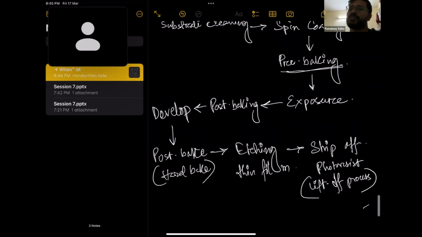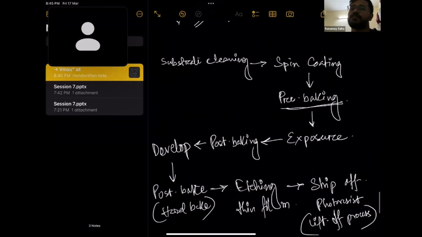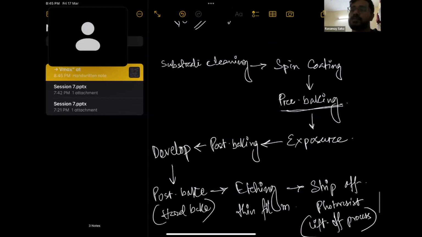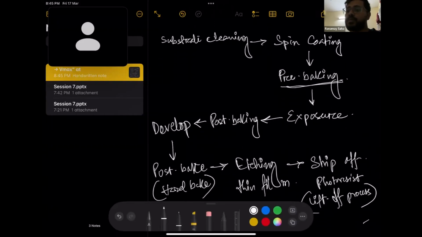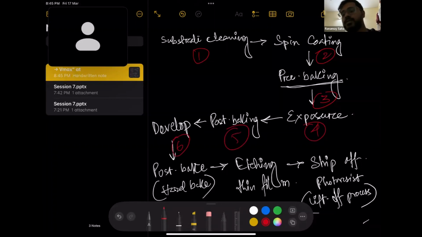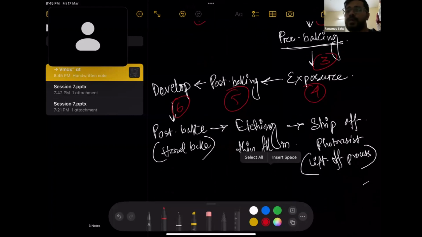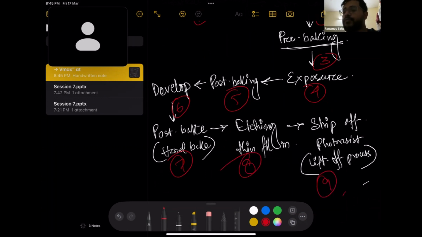So this happens to be your complete lithography process. You do the substrate cleaning, the spin coating, the pre-baking, the exposure, the post-baking, you develop the resist layer, you do the hard baking, you do the etching if needed, and then you do the lift-off process to get your final product, the final features of the surface.